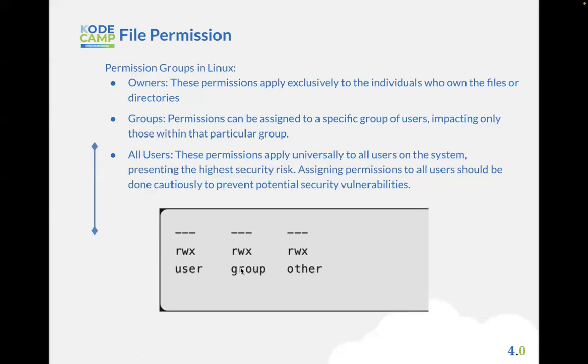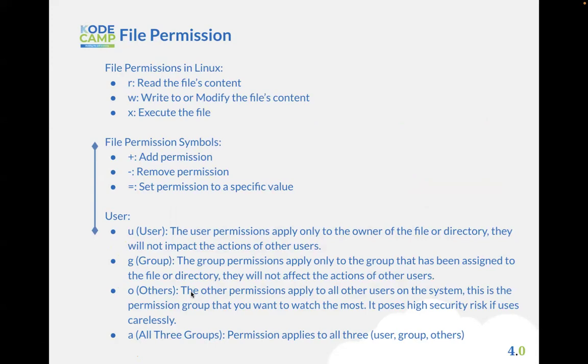So you can specify them as u for the user, g for the group, and o for others. Then this plus is add permission. This minus is remove permission. Then the equal to is used when you want to specify a particular permission.